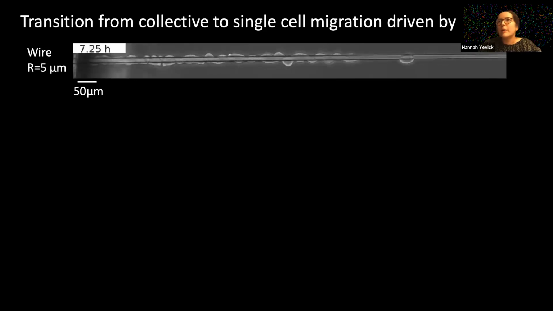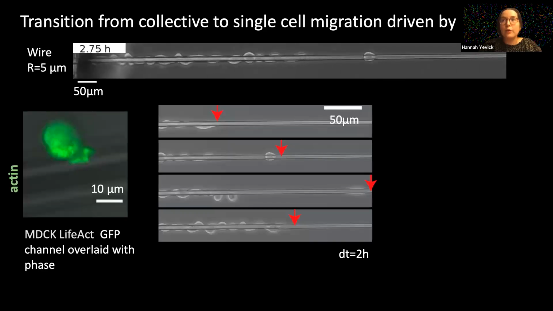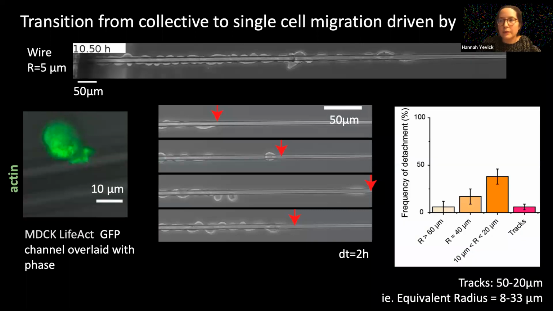So this is an example here on a wire of 5 microns, where cells break away from this collectively migrating front and move up and down the wire at very high velocities. And this is quantified here, where the frequency of detachment, or these breakage events, becomes increasingly frequent at smaller and smaller radius wires.